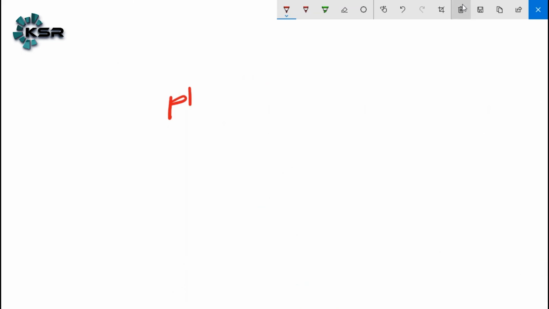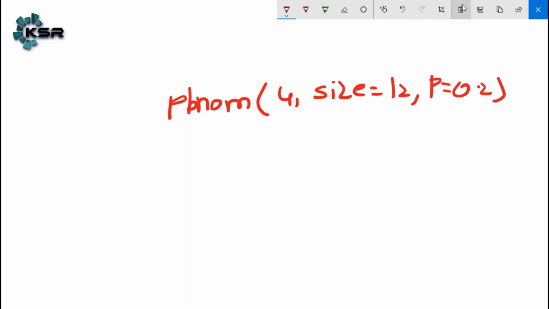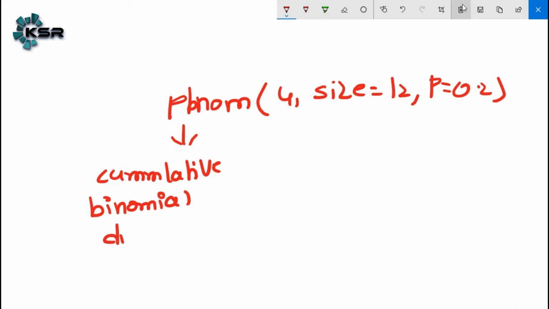P binom 4, size is equal to 12, P is equal to 0.2. Any order you can write, no problem. P is nothing but cumulative binomial distribution.